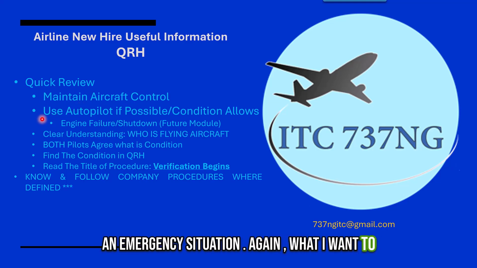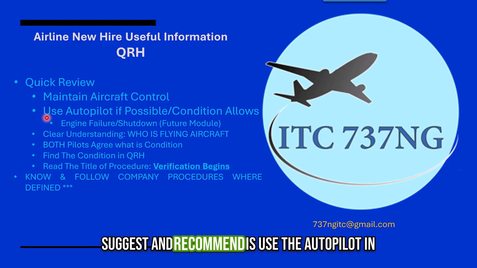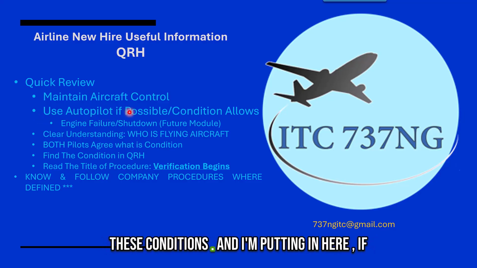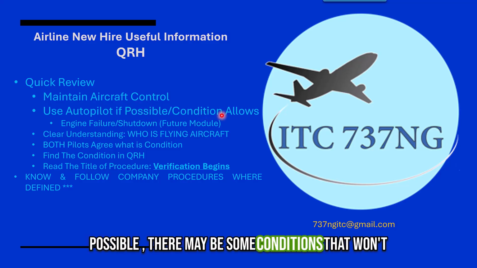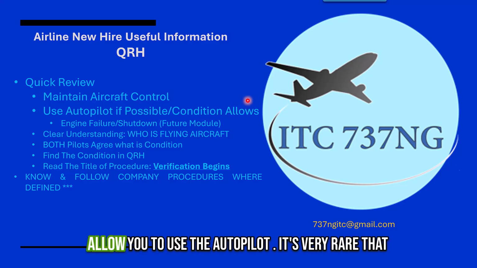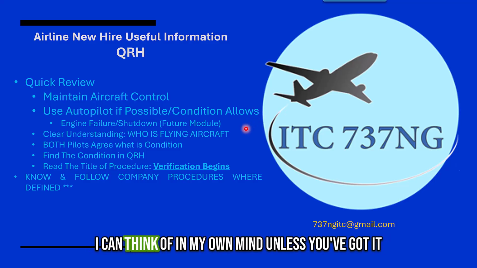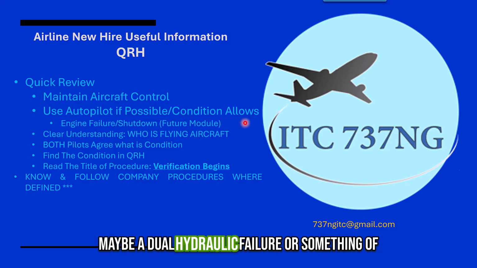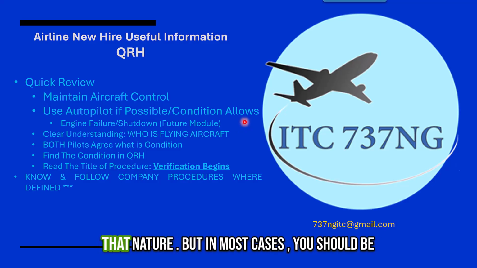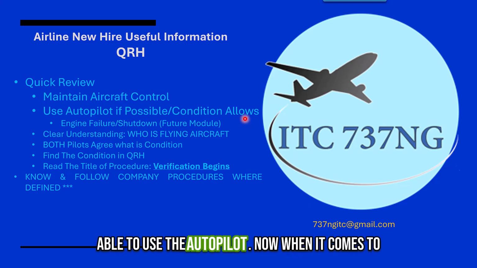Again, what I want to suggest and recommend is use the autopilot in these conditions. And I'm putting in here, if possible, there may be some conditions that won't allow you to use the autopilot. It's very rare that I can think of, unless you've got maybe a dual hydraulic failure or something of that nature. But in most cases, you should be able to use the autopilot.